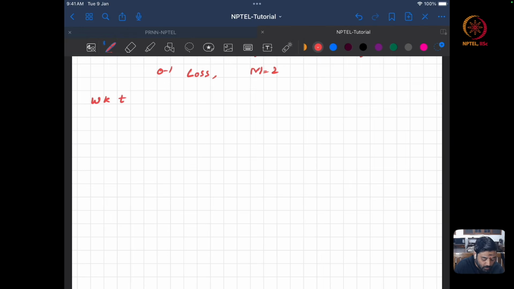we know that the risk in this case is the integral over Rd. I'm assuming that X belongs to Rd. It's fine. We have computed this. This is the minimum over Y equal to 0, 1 of the posterior of X given 0.